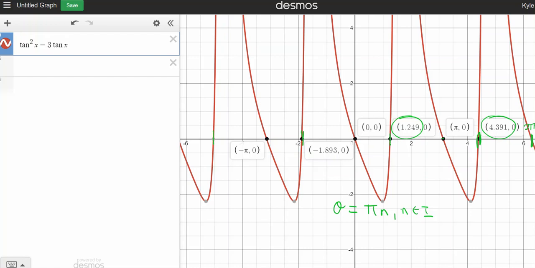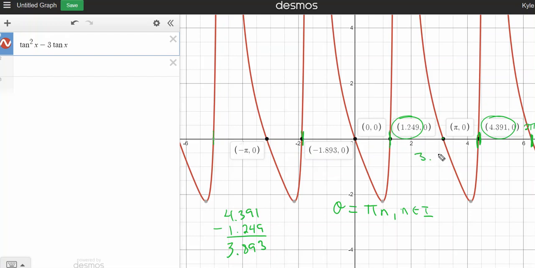So you'd write it out, 4.391 minus 1.249, and we end up getting 3.893.